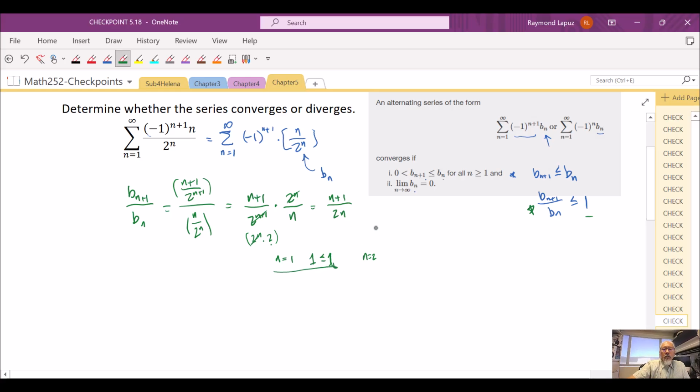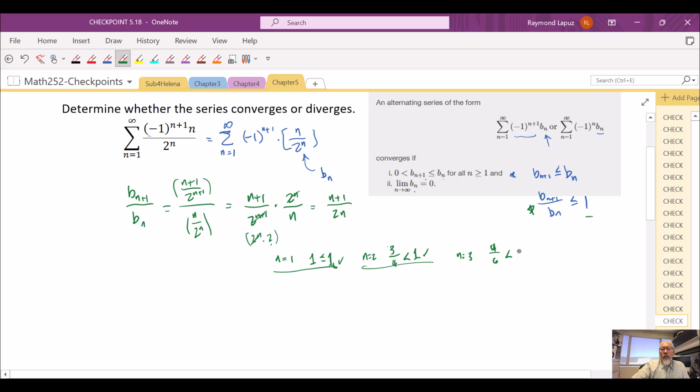We're going to have 2 plus 1 is 3 in the numerator, divided by 4 in the denominator. So that's less than 1. That checks out. And then when n is equal to 3, we will get 4 divided by 2 times 3, which is 6. So that's still going to be less than 1.